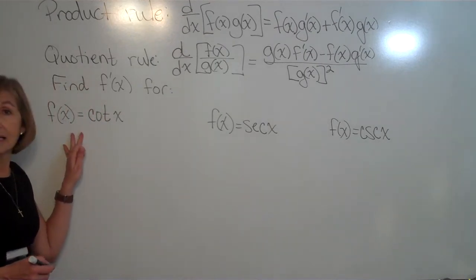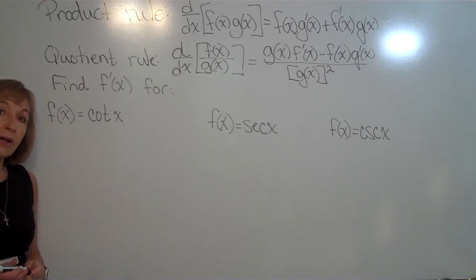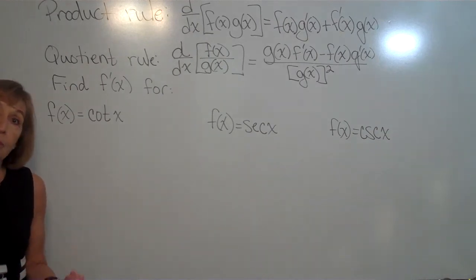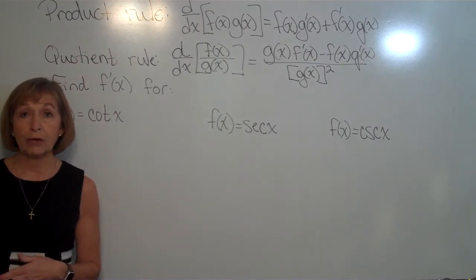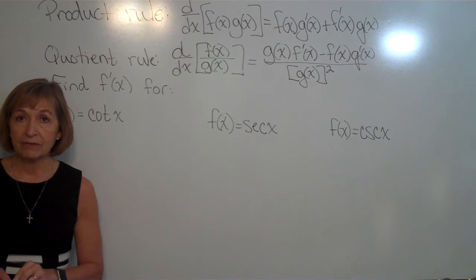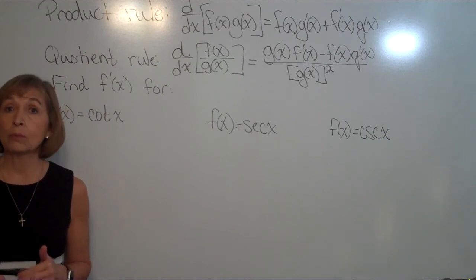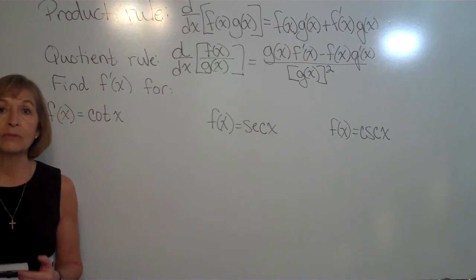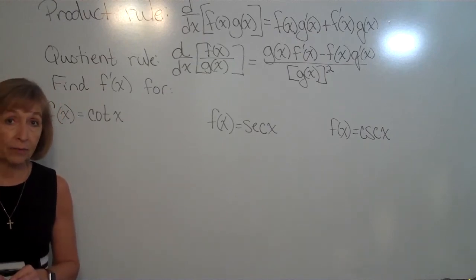So first is our f of x equal cotangent of x. Here I could go to the cotangent of x being the same as 1 over the tangent of x, or the same as cosine of x over sine x. In this simplification process, it will come up with the same derivative for cotangent of x either way we go.